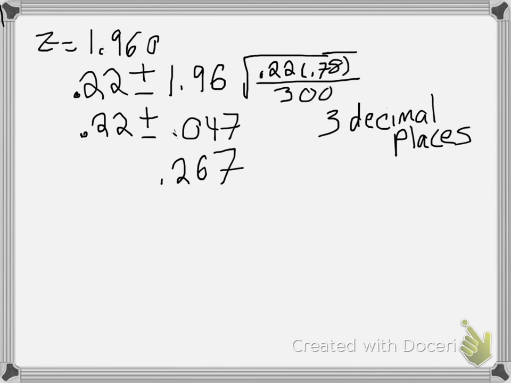And 0.22 minus 0.047 is 0.173. Now notice that when I write my inequality to show my interval, notice that instead of mu, I am now writing p because I'm dealing with a proportion.